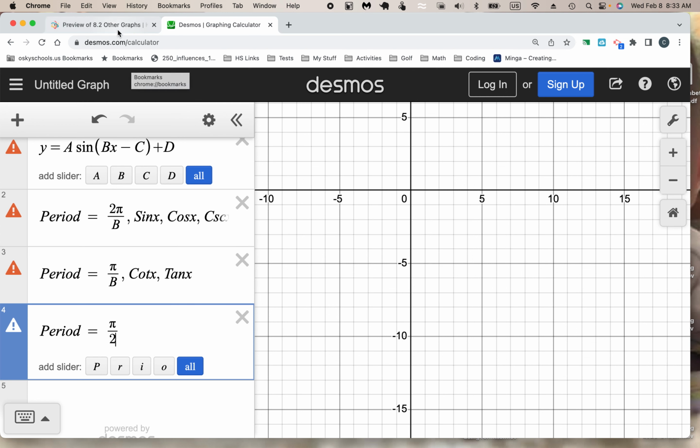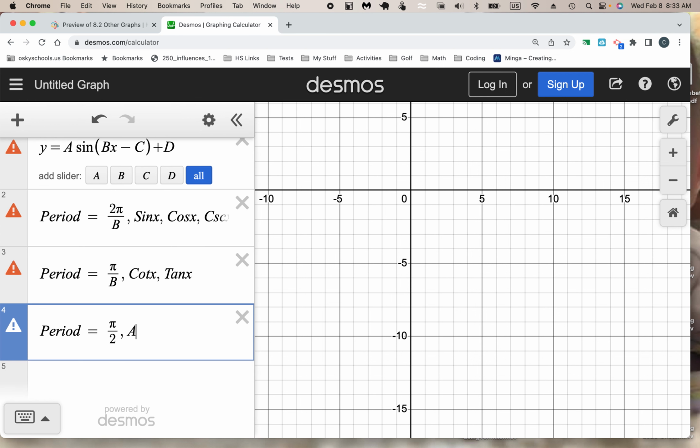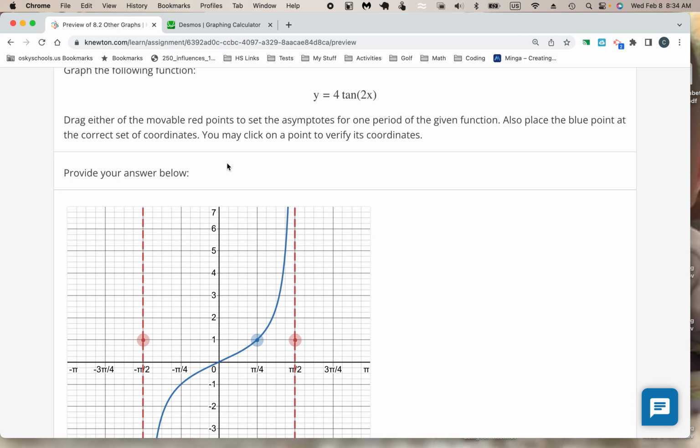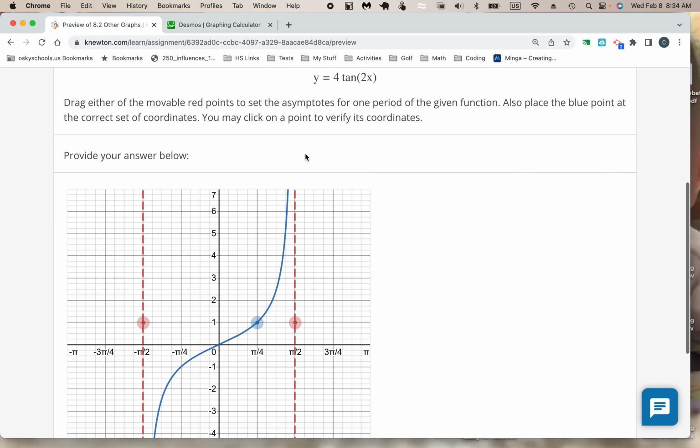So we have period is pi over 2, and we have an amplitude, which was 4, based on this equation here. The first thing I want you to do is take care of the period first. If the period is pi over 2, right now we're going from negative pi over 2 to pi over 2, which, if you add the distance from 0 to here, and from 0 to here, is a total of pi.